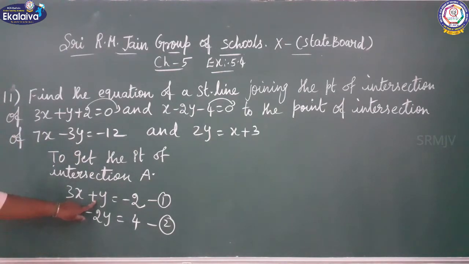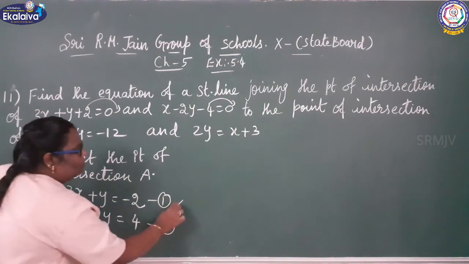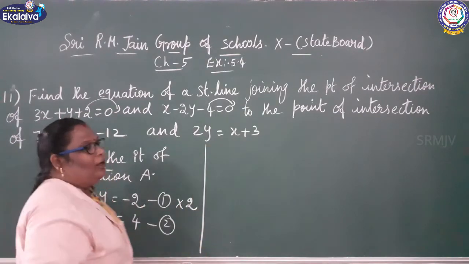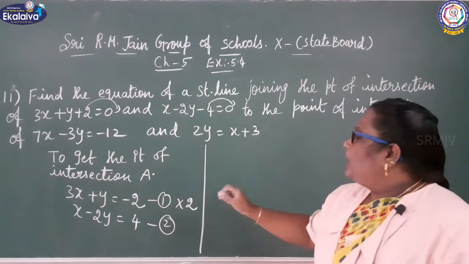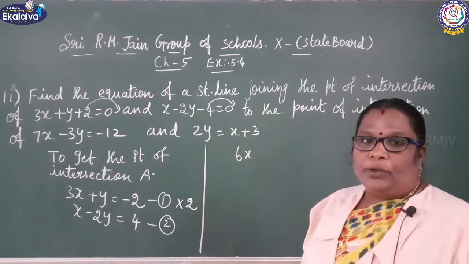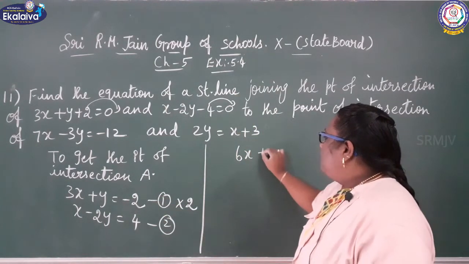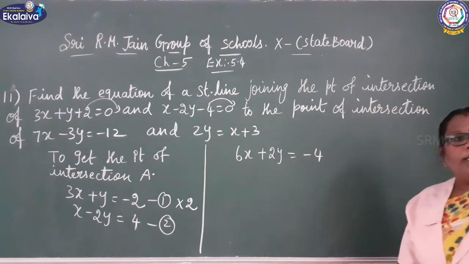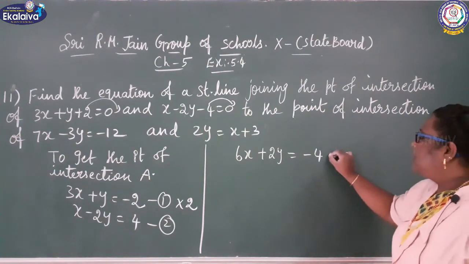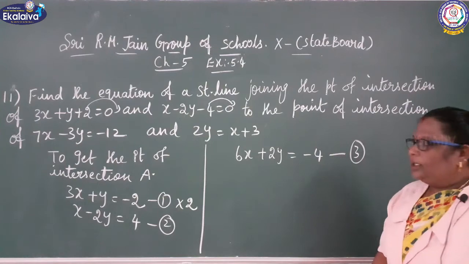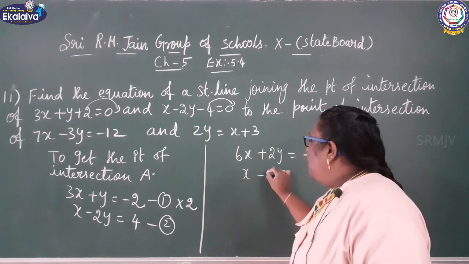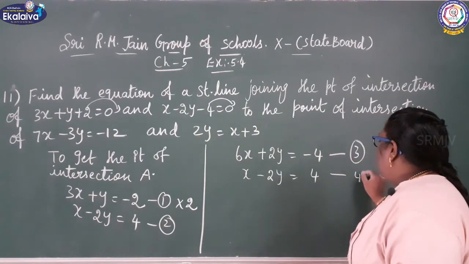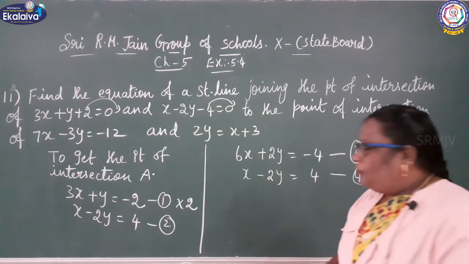Multiply the first equation by 2. 3 2s are 6x plus 2y equal to minus 4. Third equation, x minus 2y equal to 4. Fourth equation. Solve 3 and 4.